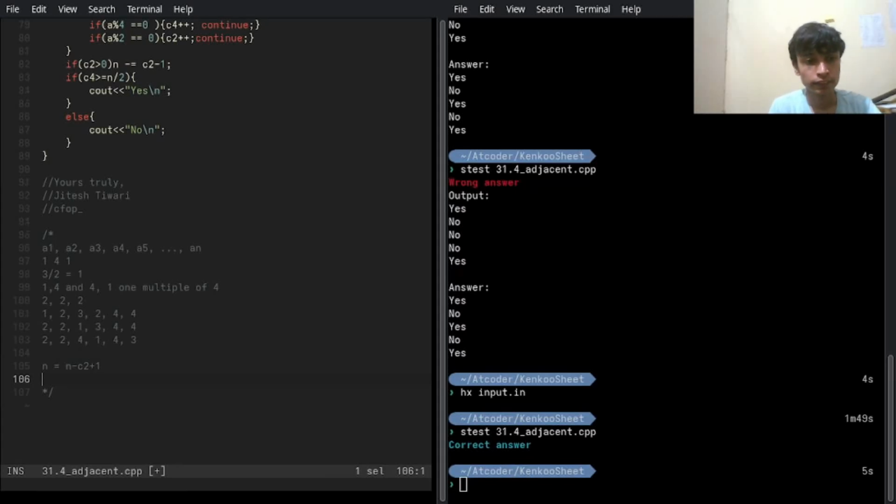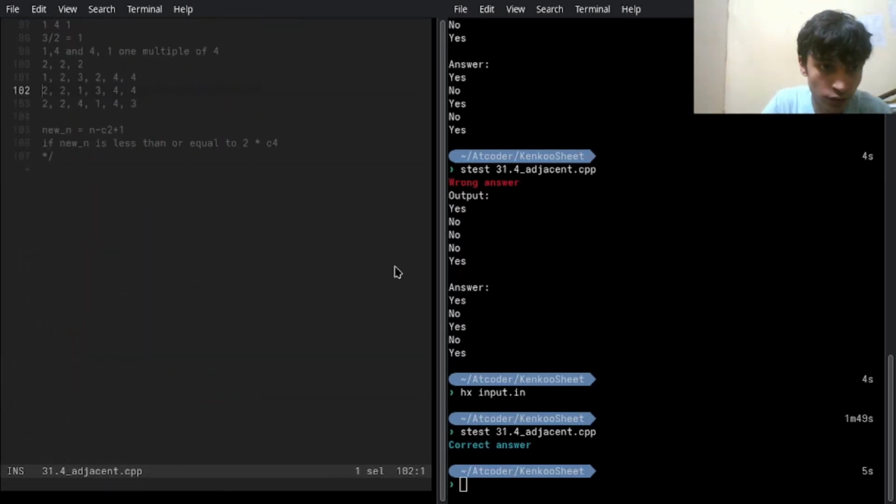So this would be the new value of n, and we can place all the others in alternating order if and only if this new n, so I can call it new n, is less than or equal to twice the number of odds that we have.